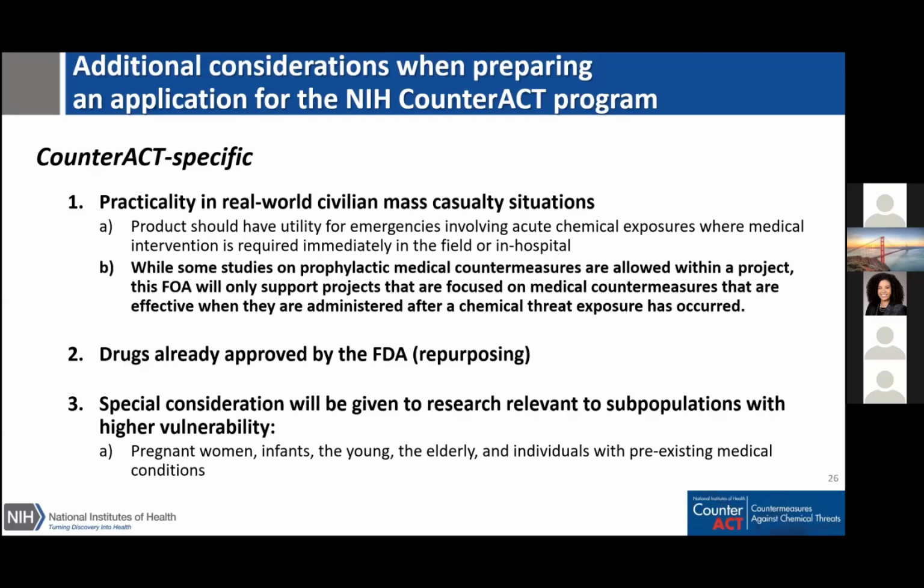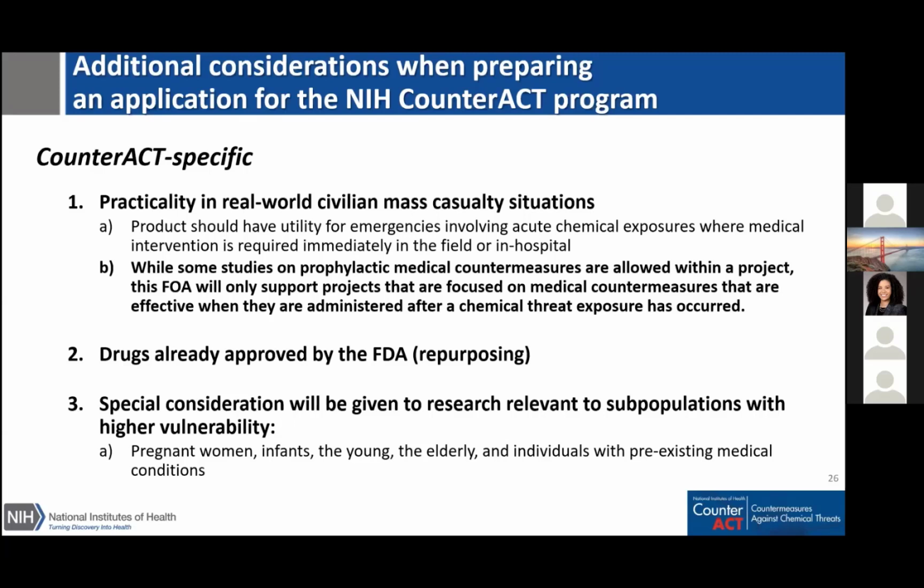For more advanced programs, such as the optimization FOA, pre-exposure studies, including those proposed to demonstrate proof of principle bioactivity, are not considered responsive. We encourage working with drugs that are already approved for other indications, since sometimes the regulatory pathway to approval is less difficult.